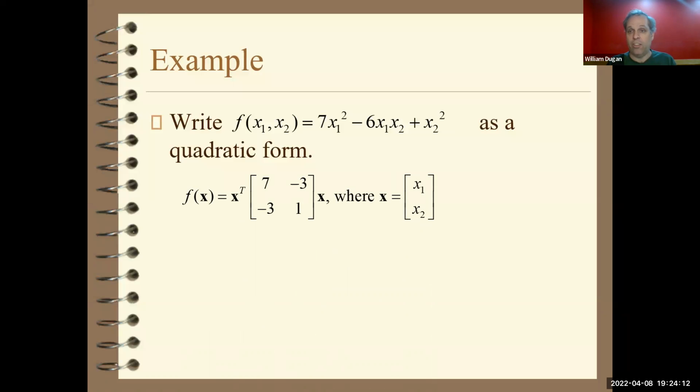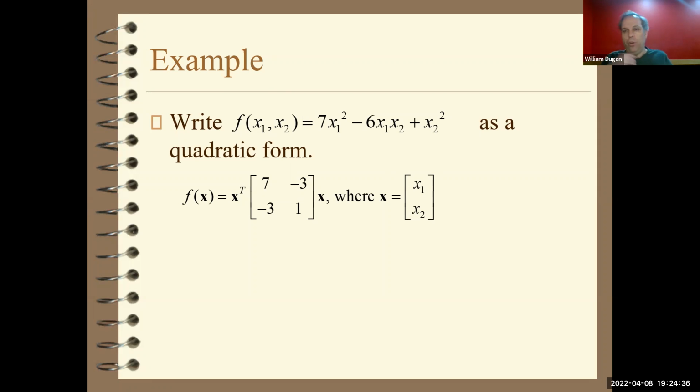The lower right, second row, second column, would have to be 1. And since the cross multiplication term, x1 times x2, is -6, and that's 2b, then b has to be -3. So the off diagonals are -3. That's it. That would then have to be the quadratic form written in matrix form.